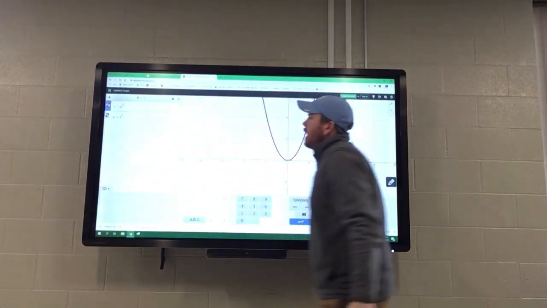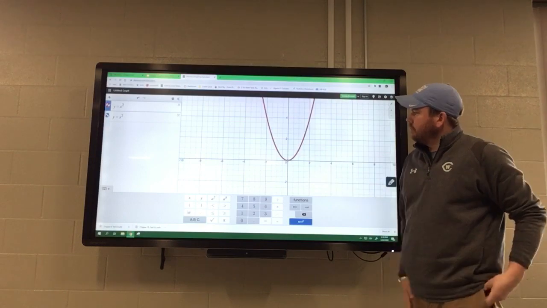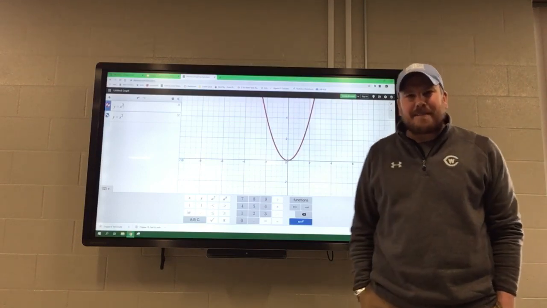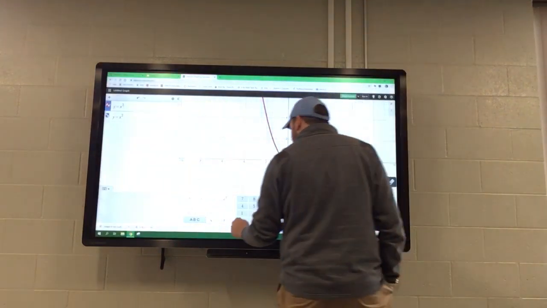So, I went ahead and graphed y is equal to x squared already. Okay? Again, this is the parent function. Let's go ahead and write that down.